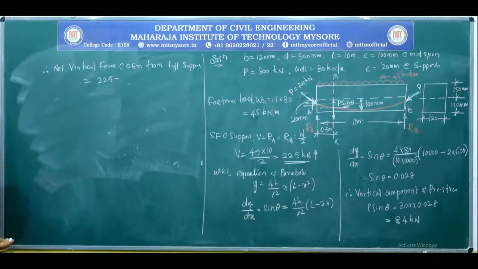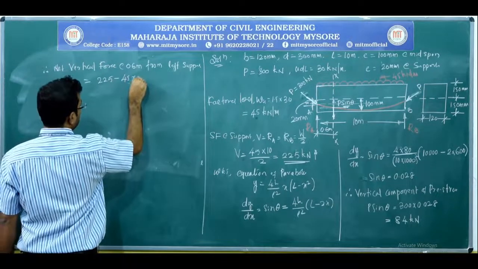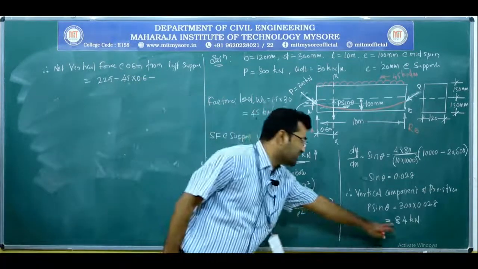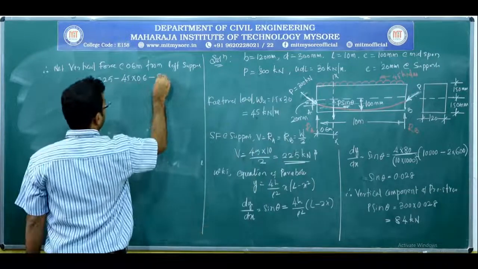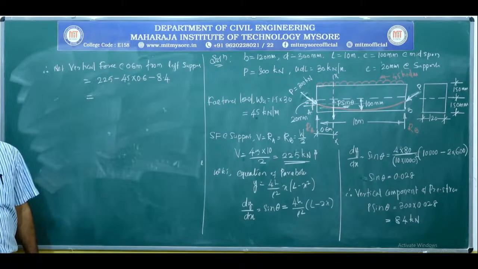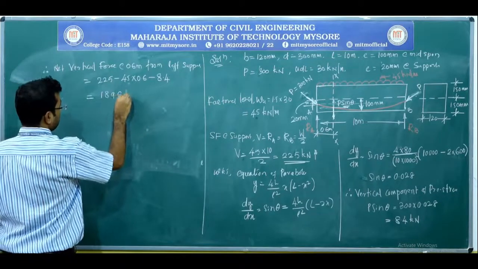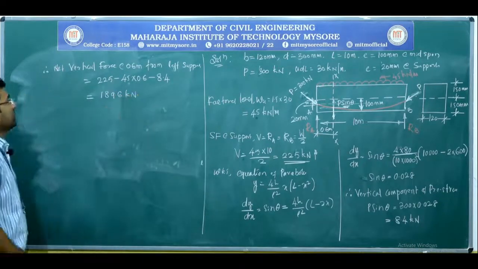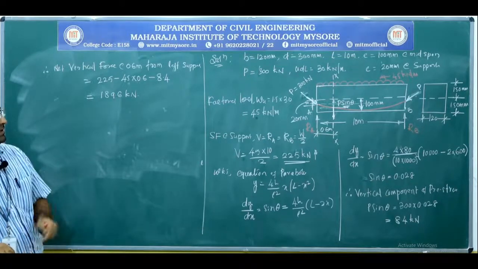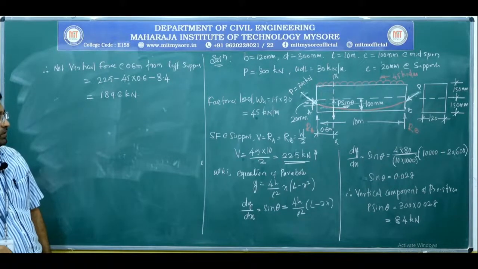So that is 45 into 0.6, minus the vertical component of the prestressing force, that is 8.4. So all together it is about 189.6 kilonewtons. So this much is the net shear force at 0.6 meter from the left support.